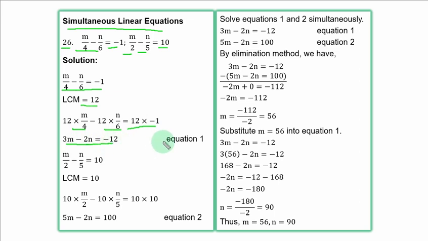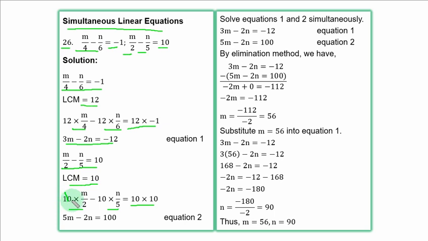Let's call that equation 1. You take the second equation. To clear the fractions, multiply through by 10. First term times 10, second term times 10. The third term, which is the right hand side, times 10.